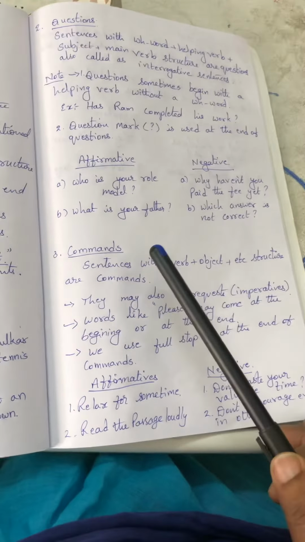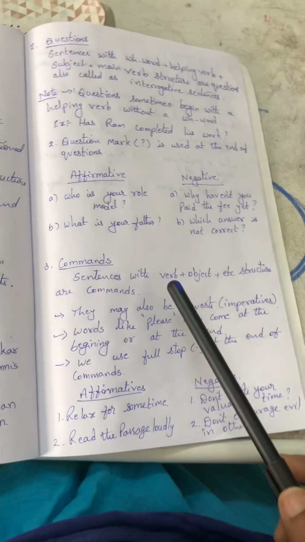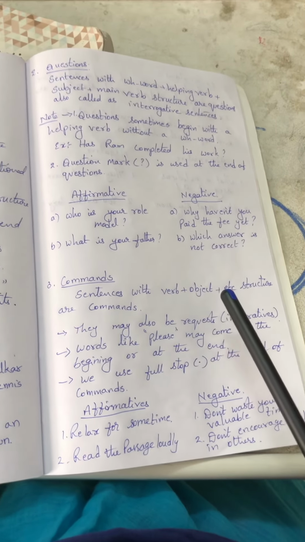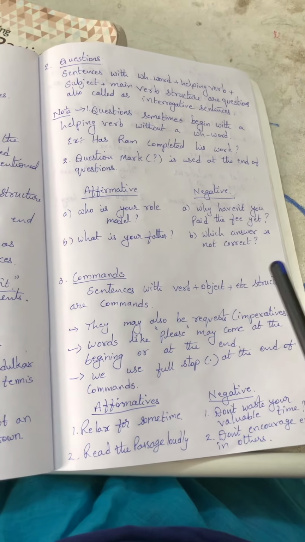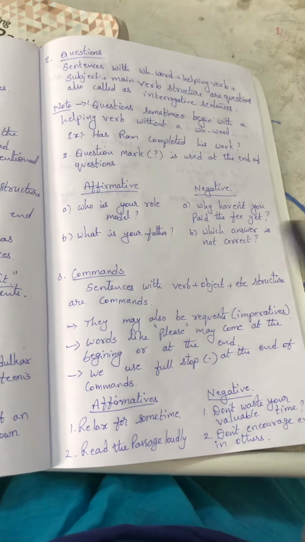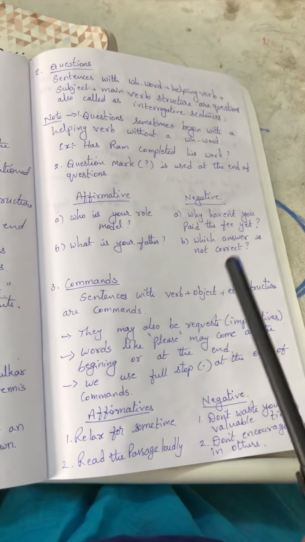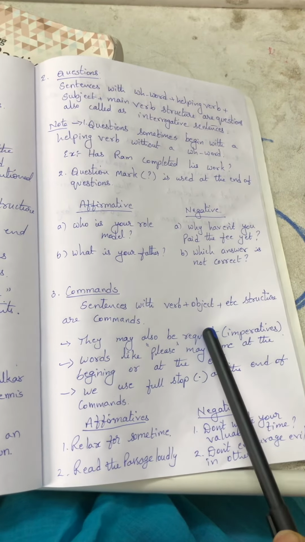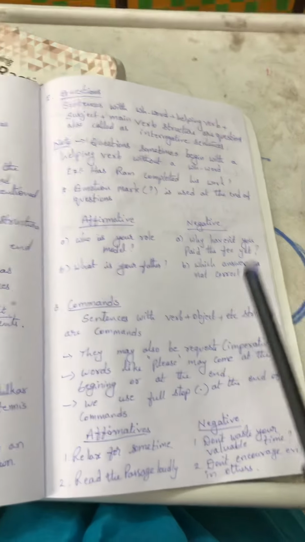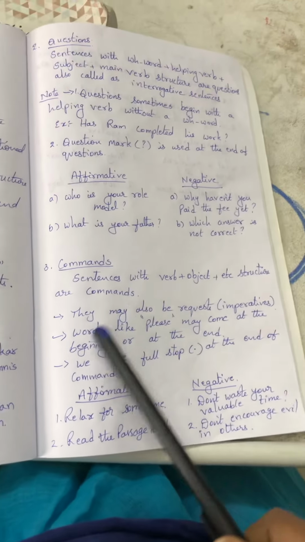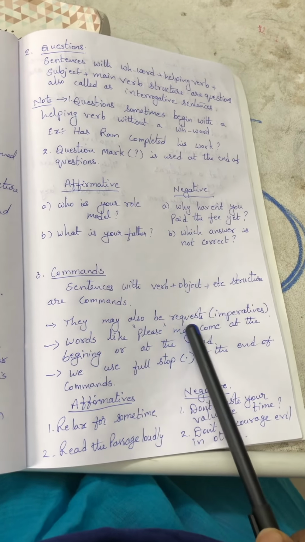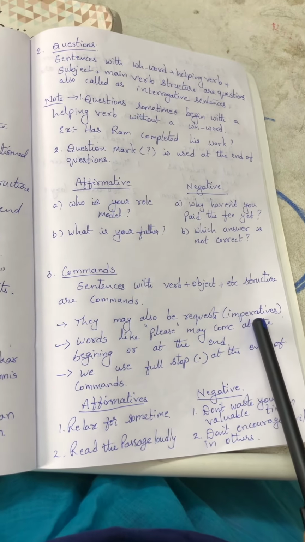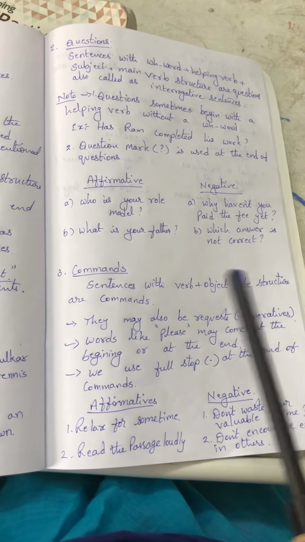Now we'll come to the commands. Sentences with verb plus object plus other structure are called commands. So in commands, verb comes first plus object, not the subject. They may also be requests, which are called imperatives.